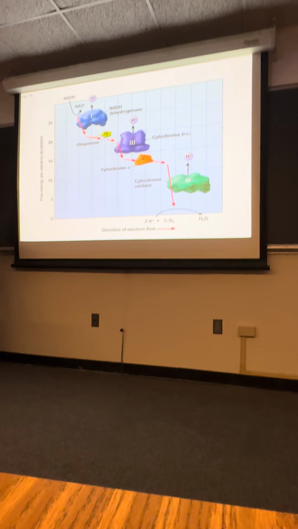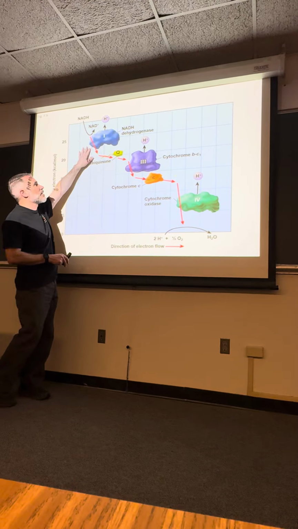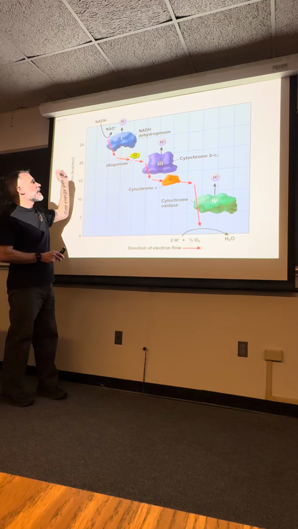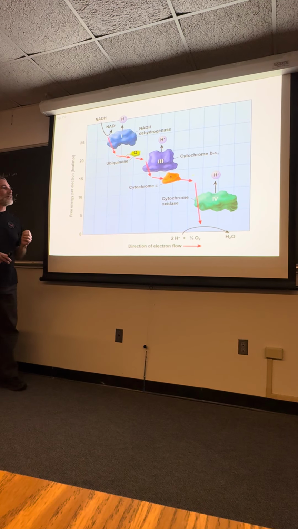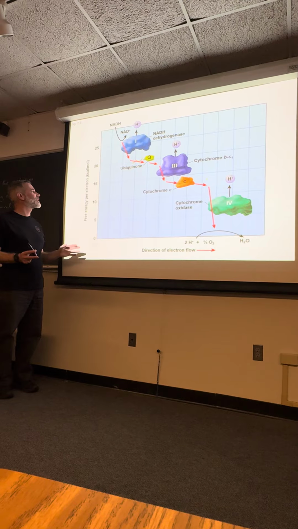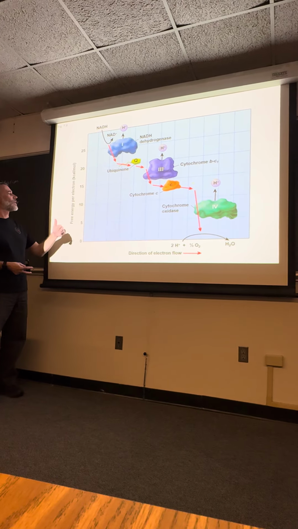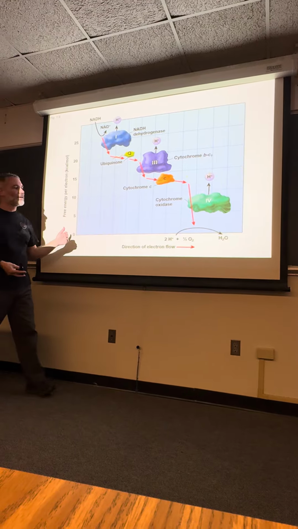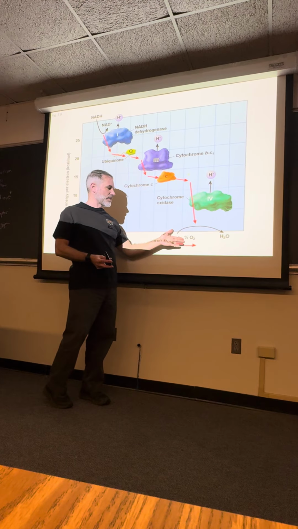So that original electron with the high energy harvested from the glucose and the pyruvate and the acetyl-CoA, that high energy is going to diminish. And I don't know how they measure this. I'd love to know. I don't have the chemical sophistication to know how they do it. But the energy is going to diminish as it travels eventually to its final electron acceptor, oxygen.